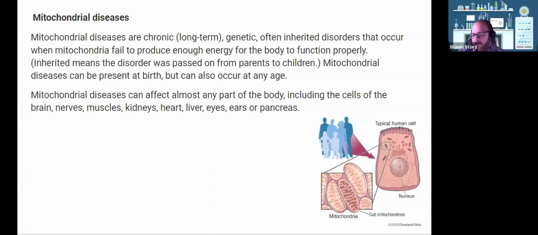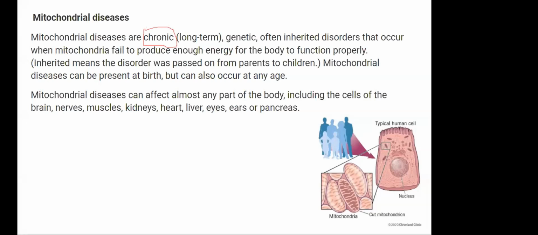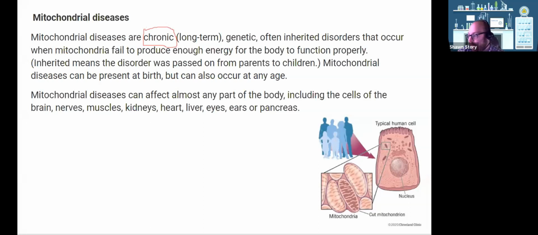Very good. And so the mitochondria are not functioning properly. One word that comes to mind, if we're looking at root words, is the word chronic, which comes from, I think, the Greek word for time. What is the Greek? I'm Googling.